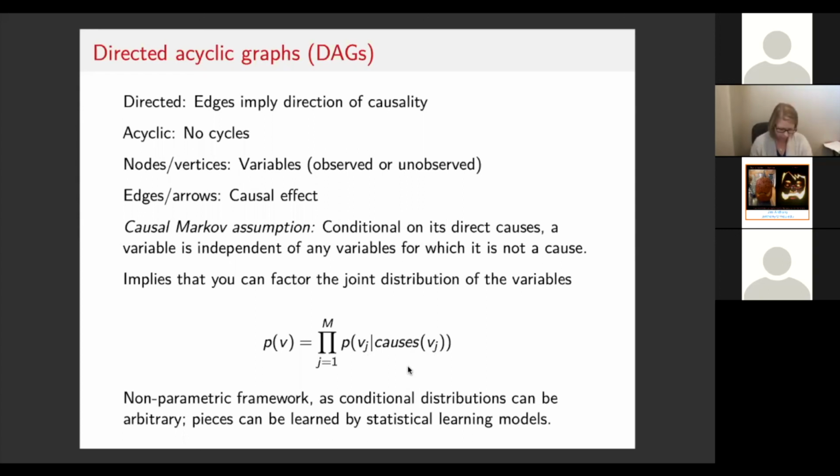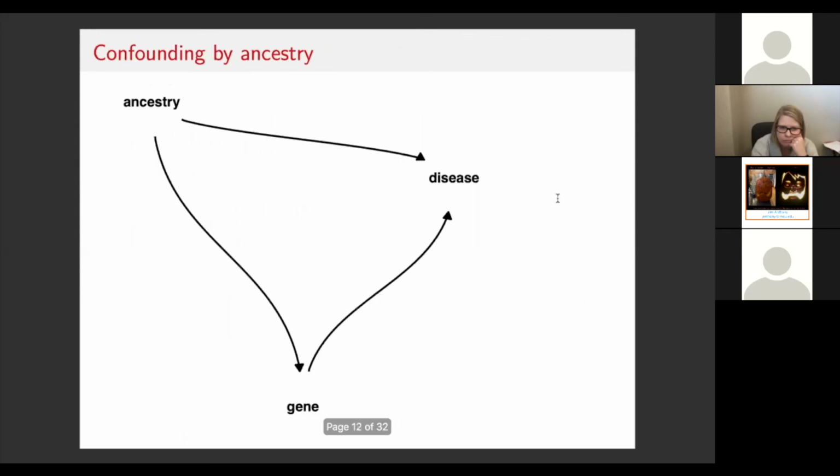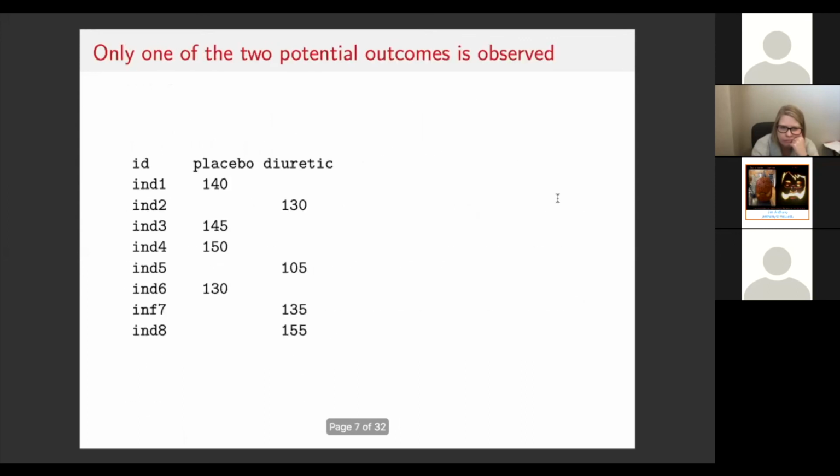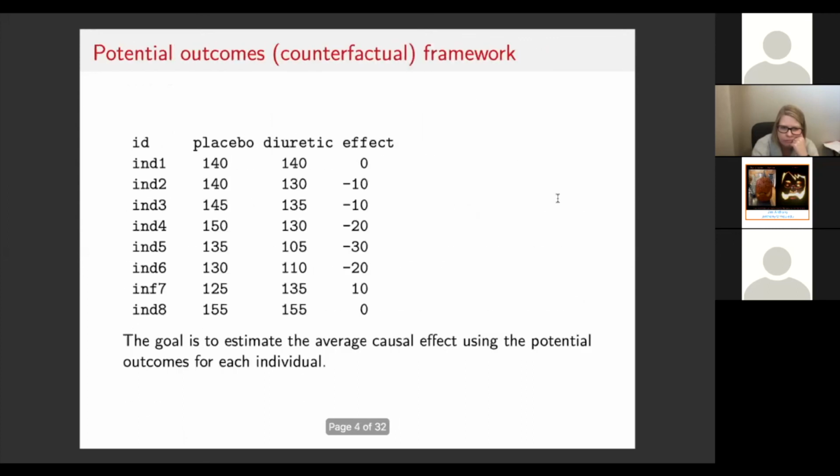But there are details in how the data arises, because ultimately it boils down to this simple example of estimating the average causal effect.